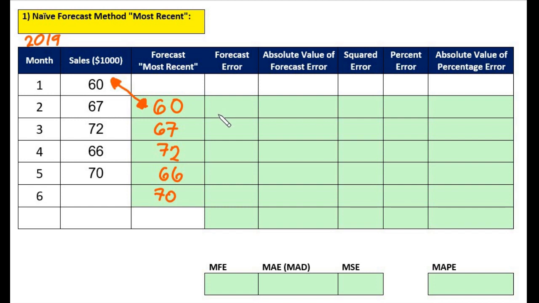The formula for the forecast error is the actual sales minus the forecast. 67 minus 60, that would be 7. 72 minus 67, that is 5. 66 minus 72, that would be negative 6. And then 70 minus 66, that is 4.